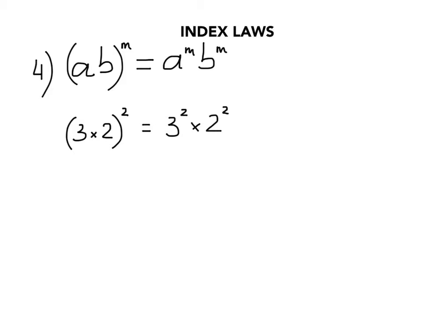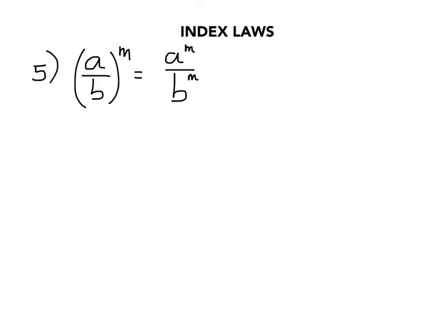For example, the product of 3 times 2 raised to the second power is equal to 3 raised to the second power times 2 raised to the second power. And you can easily try it for yourself. Do the calculation and you will see how this is true and correct.